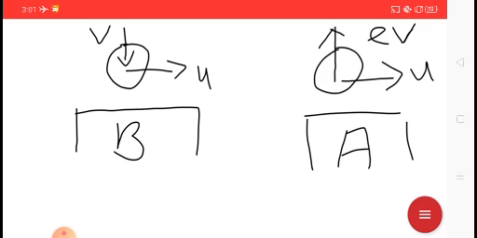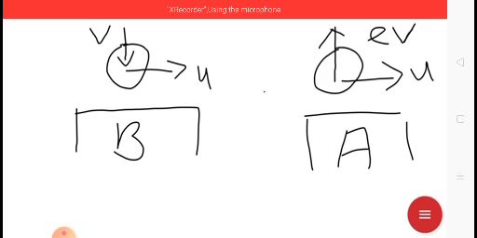So remember that the component parallel to the surface of collision has no effect, it stays constant. The component perpendicular to the surface of collision will change. Okay, so this is the scenario.